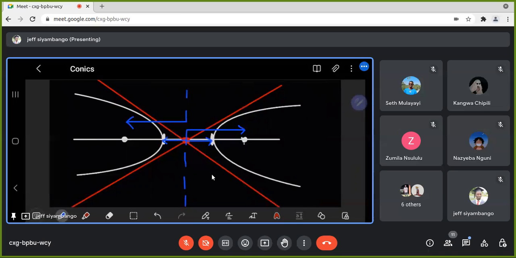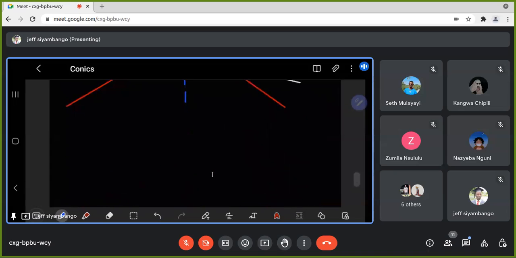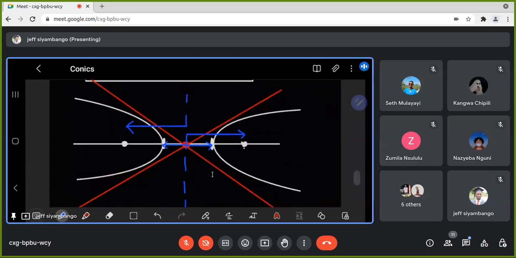Okay, now, how do we find C? Because if you look at the expression, what we have is B there. What's the connection? Well, when we're dealing with an ellipse, we said B squared equals A squared minus C squared. In this case, for a hyperbola, it's a little bit different. Why? Because C here is going to be bigger than A, as you can see from here. A is just this short distance, while C is a little bit more.